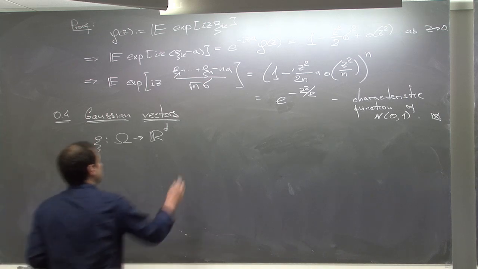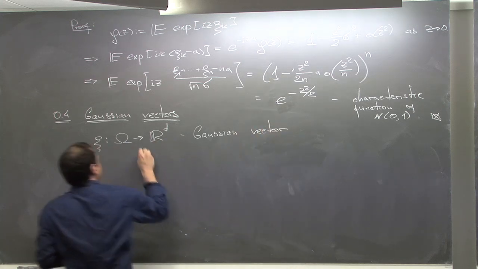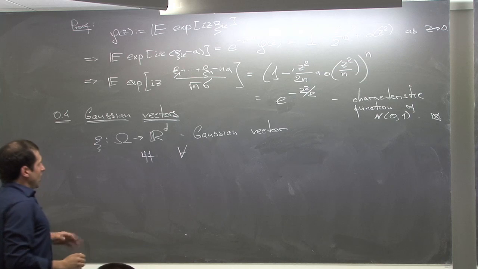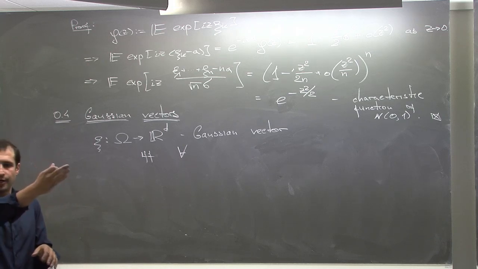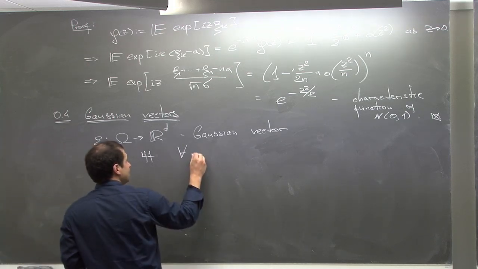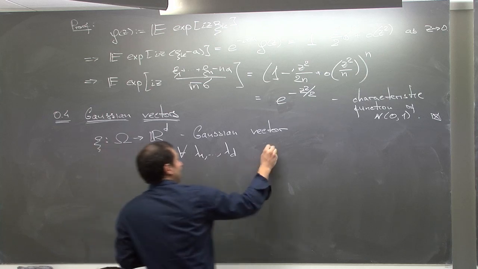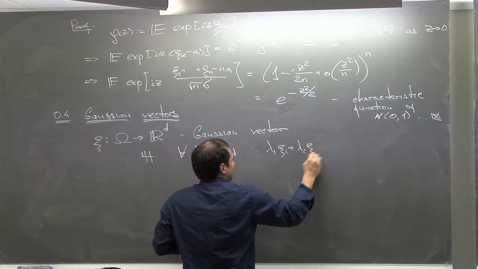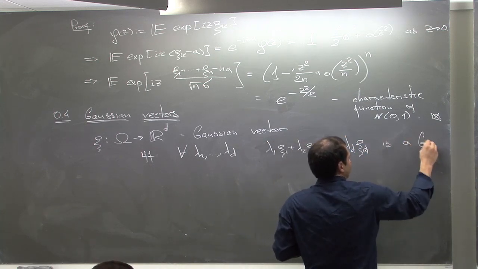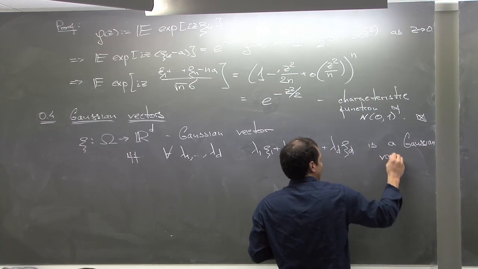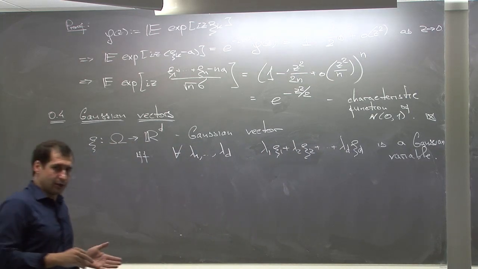And it's called a Gaussian vector if any projection of xi on a line, so you just fix some direction in R^d, for any coefficients, this linear combination is a Gaussian variable. So this is the definition.